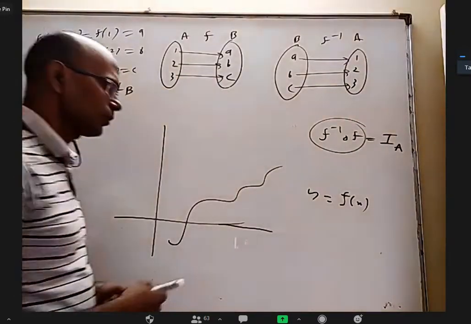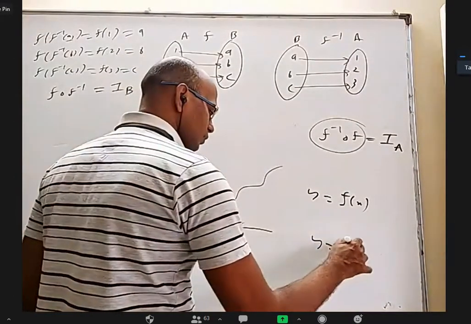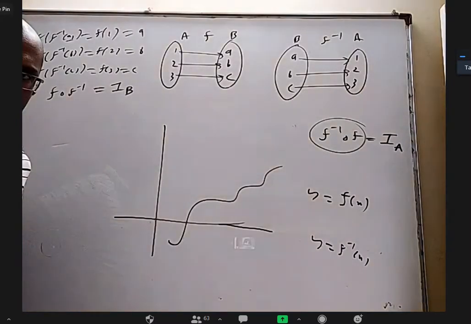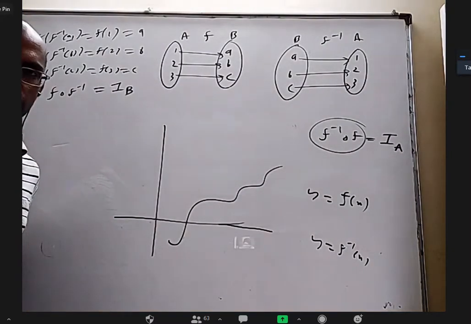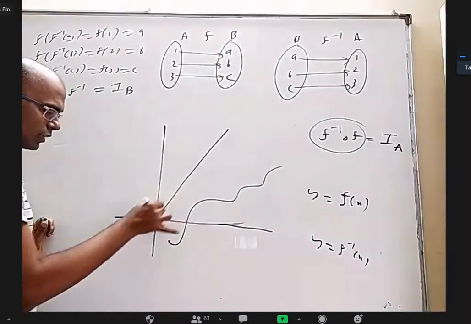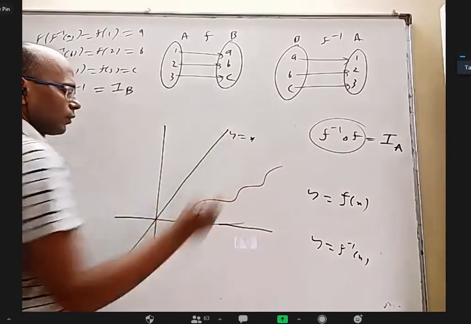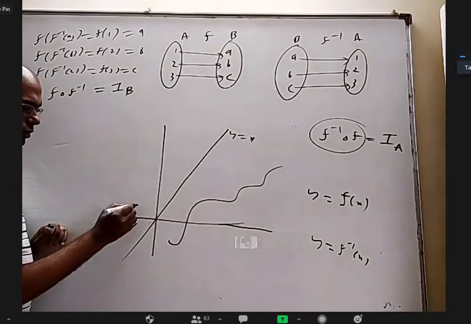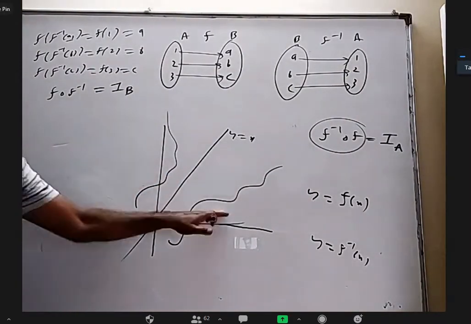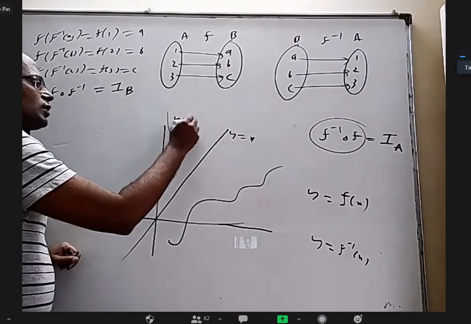That is, I want the y equal to f inverse of x graph. Sir, we will reflect it with respect to y equal to x. Yeah. You take y equal to x, find the mirror image of this. I'm not good at drawing, but it's okay. This mirror image is y equal to f inverse of x.